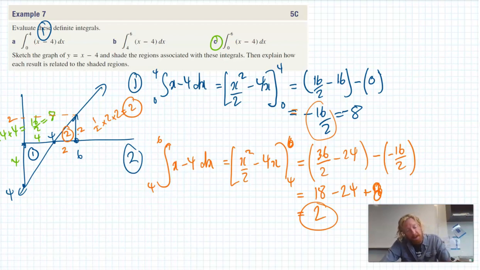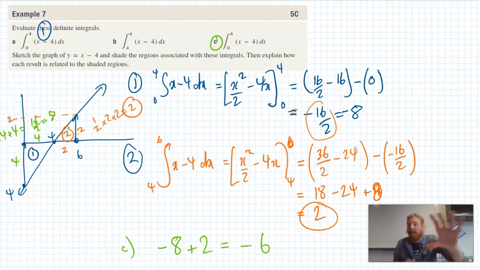I don't want to work all of that. We can just say that first one is negative 8, the second one is plus 2, so that'll come out at minus 6. Not the area. The area is going to be 8 plus 2, which is 10, but the integral is minus 6. Okay, now that's all we really got to do today.